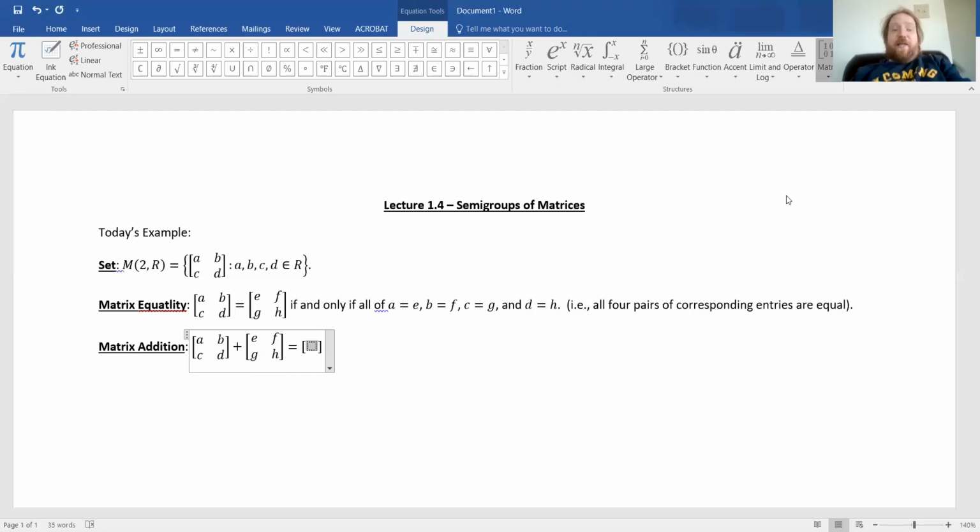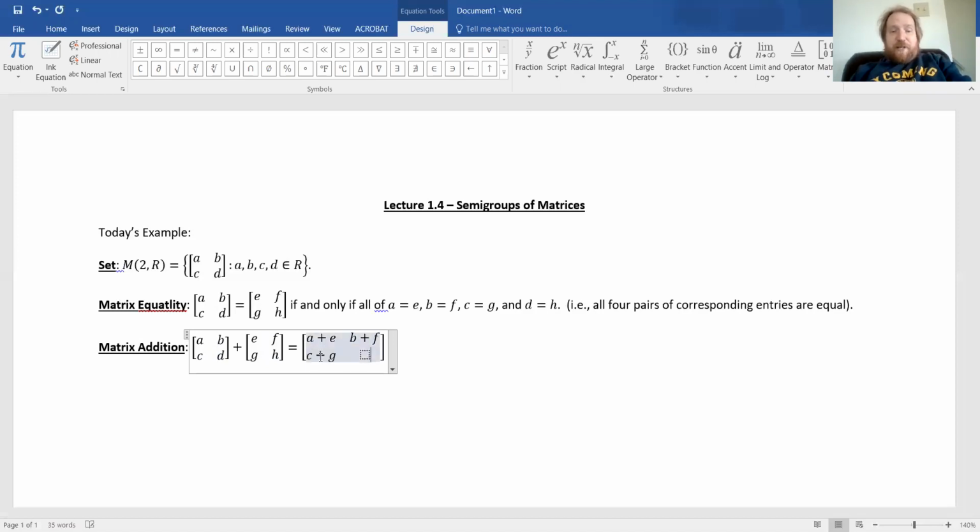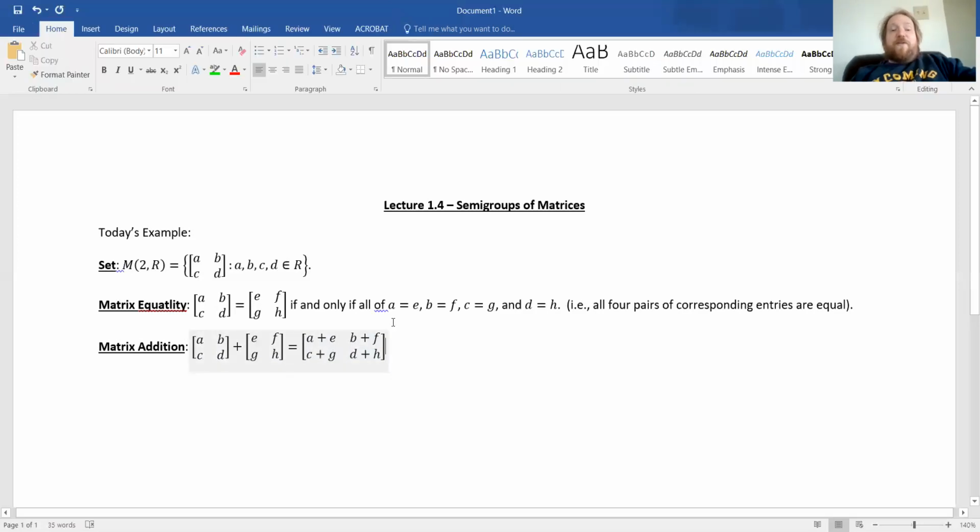So we're going to get here A plus E, B plus F, C plus G, and D plus H. This is the intuitive operation. How do you add matrices? Well, you just add the entries.